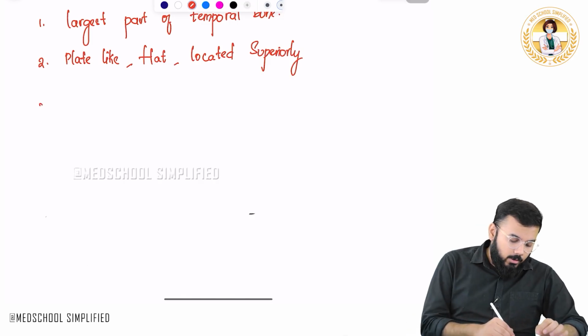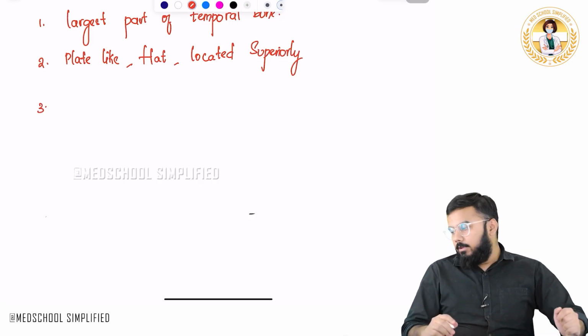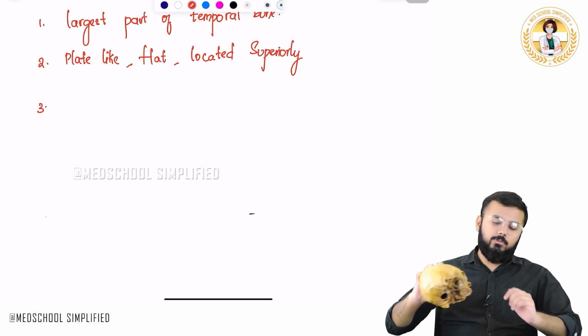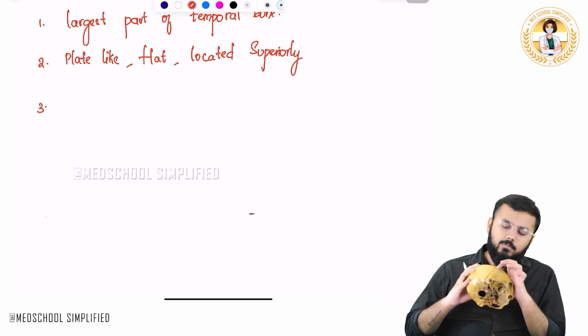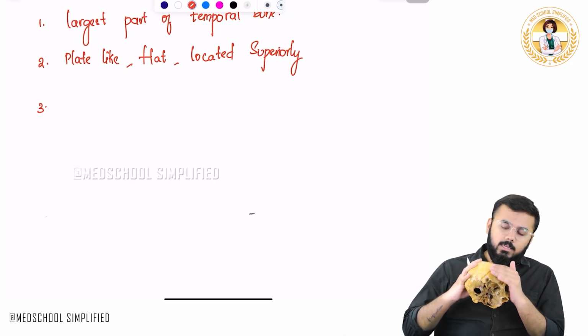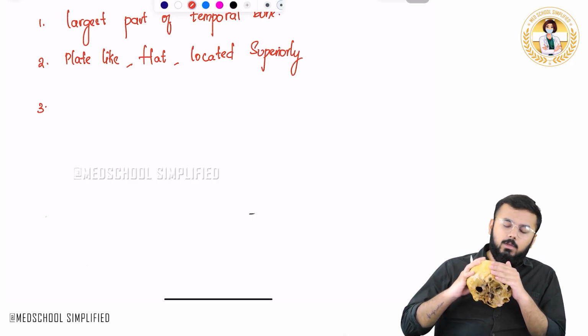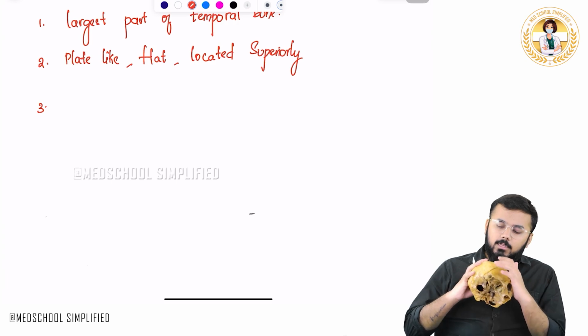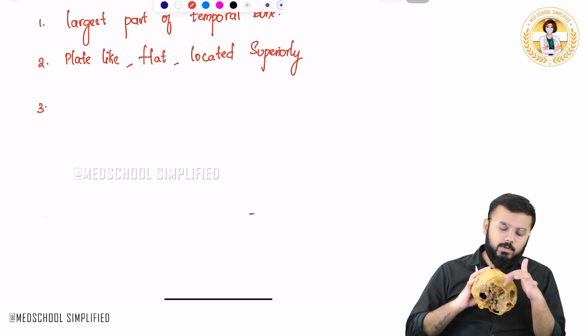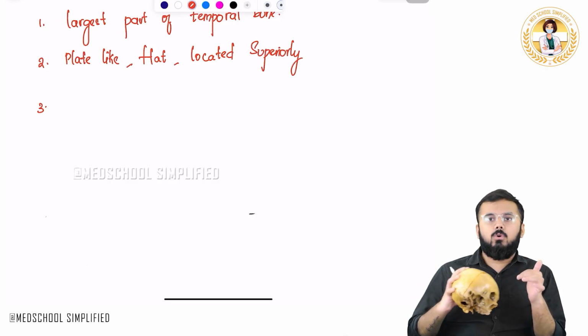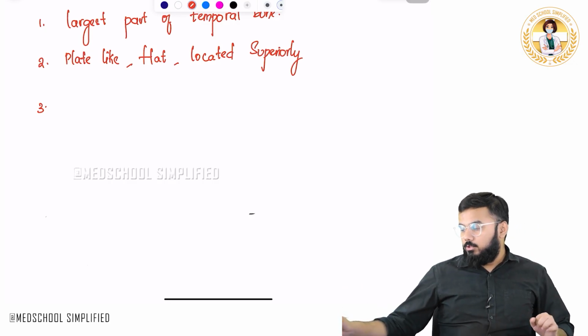The third important thing is that if you look at this temporal bone, this part of it is a little bit convex in shape, right? This convexity forms a fossa. You see a fossa over here, and it is called the temporal fossa.